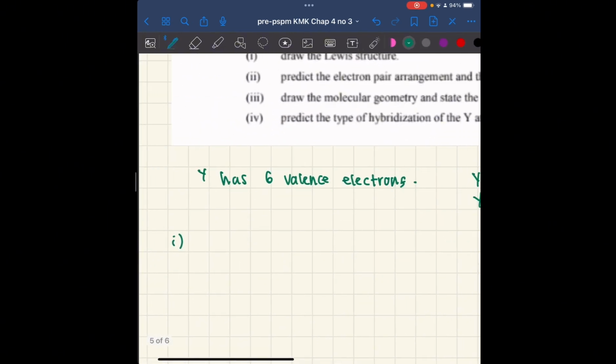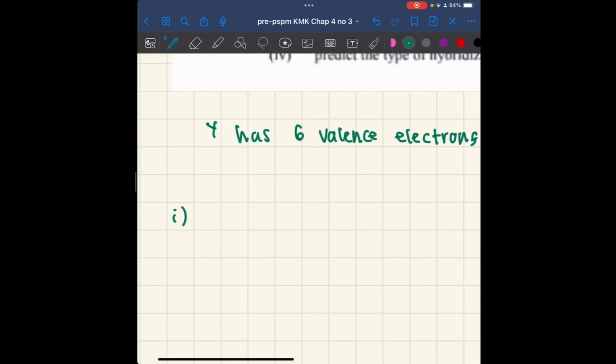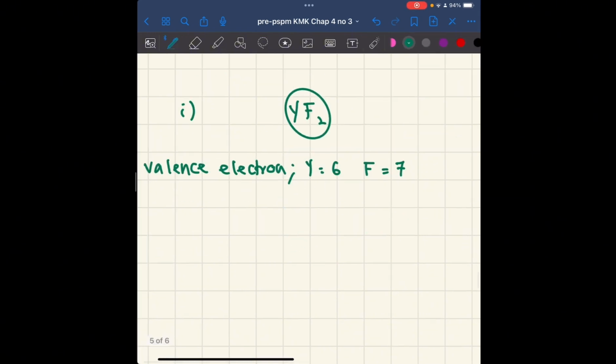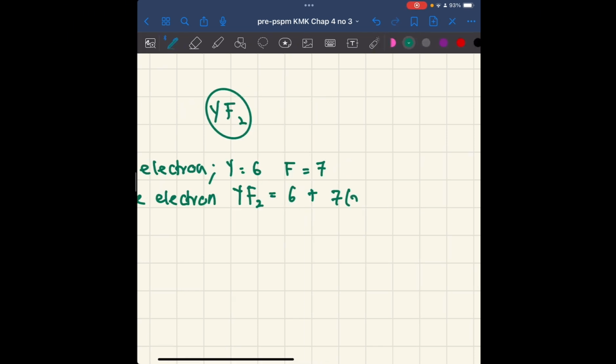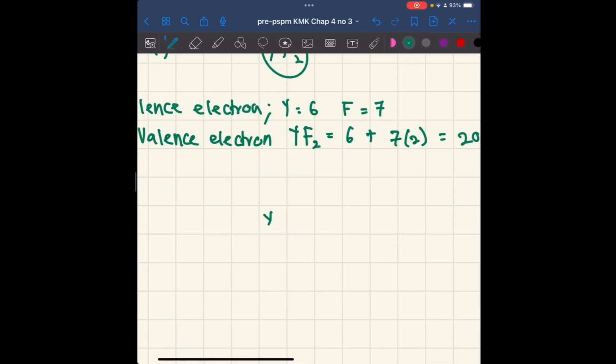So here, before we draw the Lewis structure, we have to know the valence electron and then the total valence electron. So for the YF2, you can draw it like this.